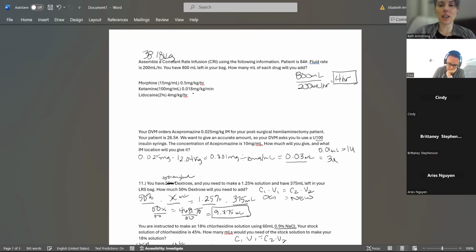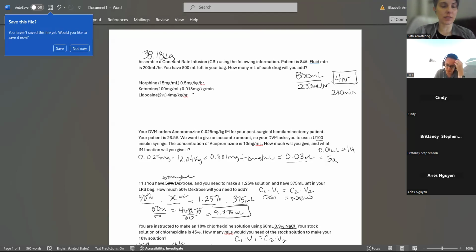If we need minutes, which we do for ketamine, we take those 4 hours and multiply by 60 minutes. How much is that? 240 minutes. Very good. We're just going to keep that in our back pocket until we need it.